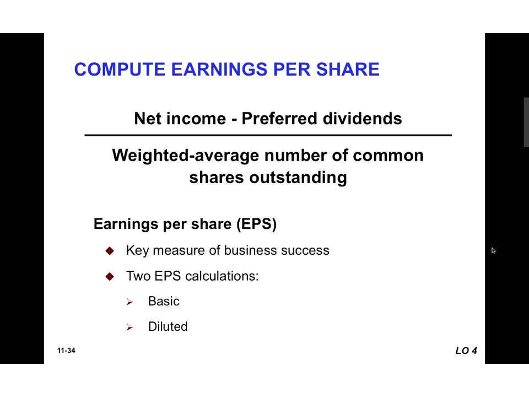Okay, next we have diluted earnings per share. And diluted earnings per share are where we say, okay, let's play what if. What we do with this one is we say, what would the number of shares outstanding be if every single person who held convertible preferred shares converted into common stock?